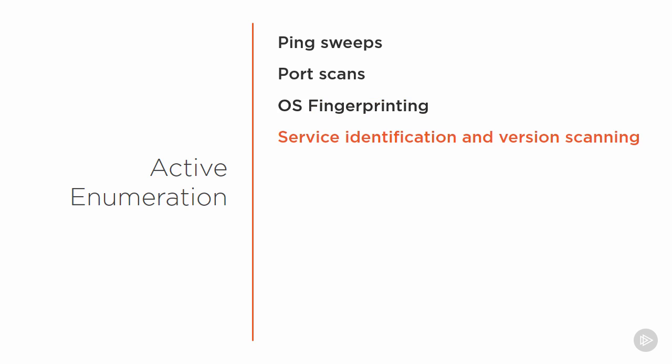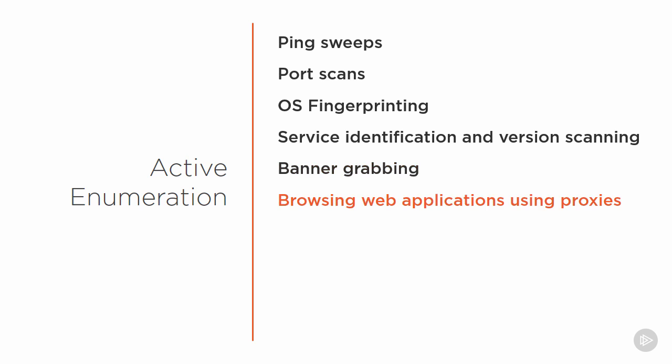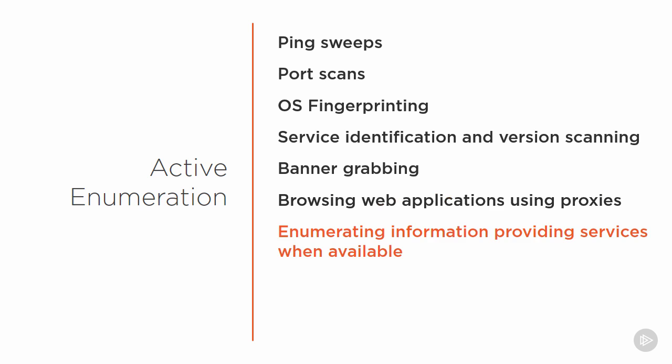Service identification and version scanning. Banner grabbing. Browsing web applications using proxies. And enumerating information providing services when they are available. These could include services such as DNS, SMTP, and SNMP.